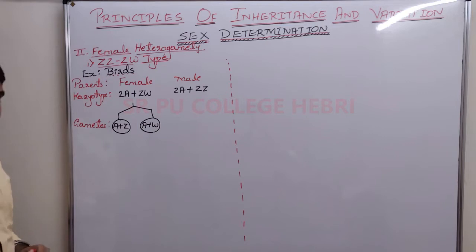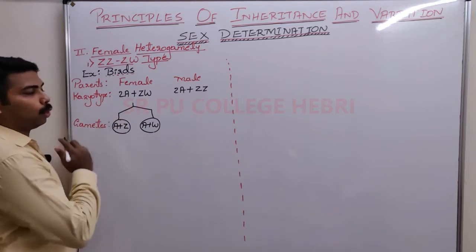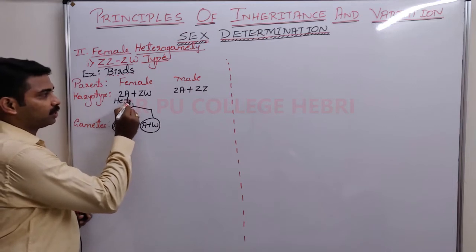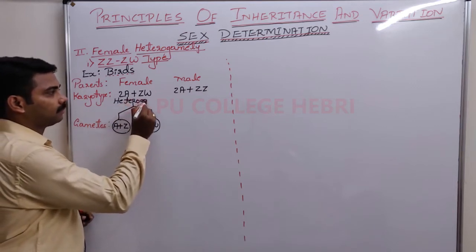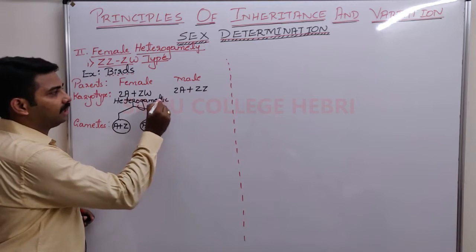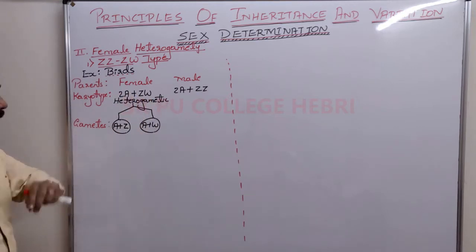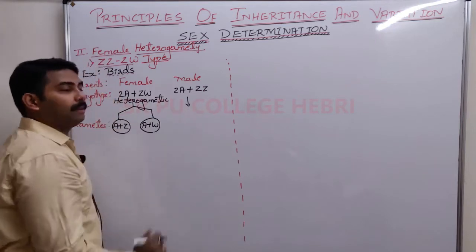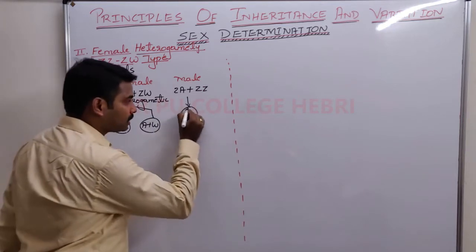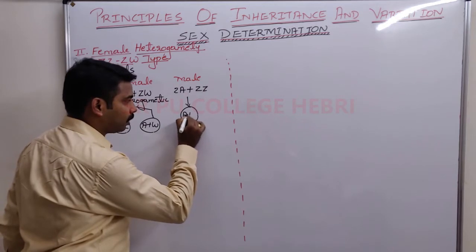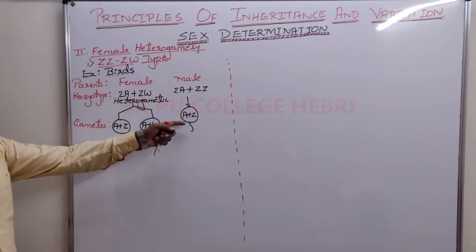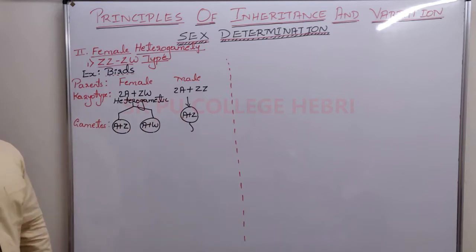So students, who is homogametic, who is heterogametic? What about the female? Of course, she is heterogametic. But the sperms produced by the male bird all have A plus Z chromosome. No choice is left with the male gamete.